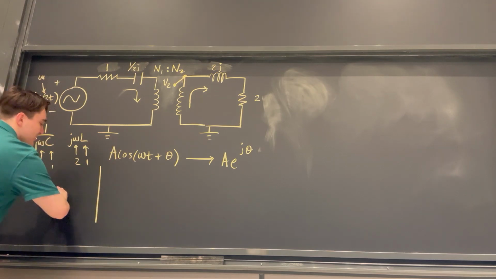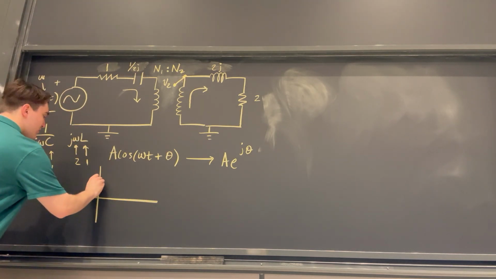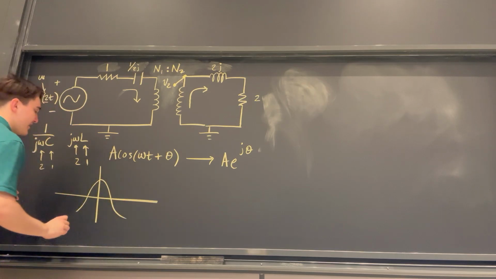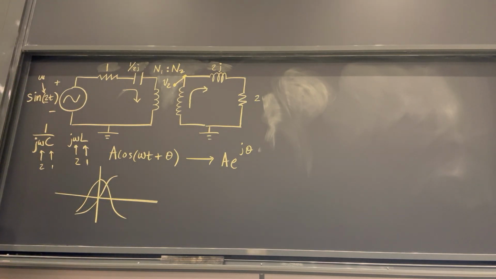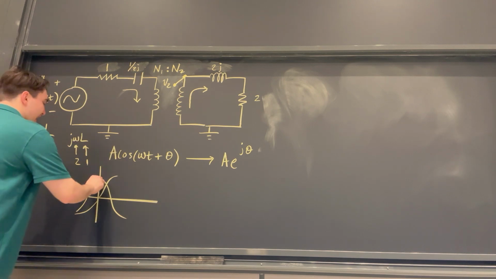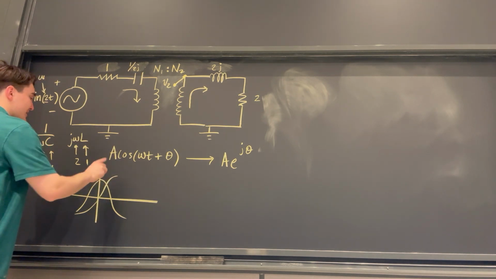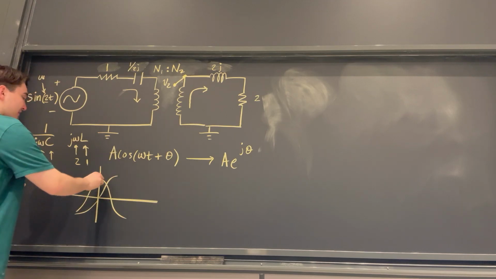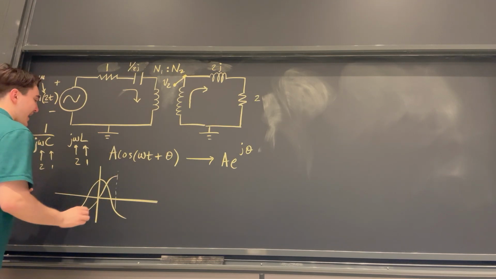Well, it always helps me to draw out a picture. So I know that cosine looks like this, and I know that sine looks something like that, sine waves versus cosine waves. And so I know that if I want to represent sine as cosine, then what do I have to do to this cosine function to shift it over to be a sine function? Well, I'm going to have to shift it over by 1/4 of a period, which is pi halves.